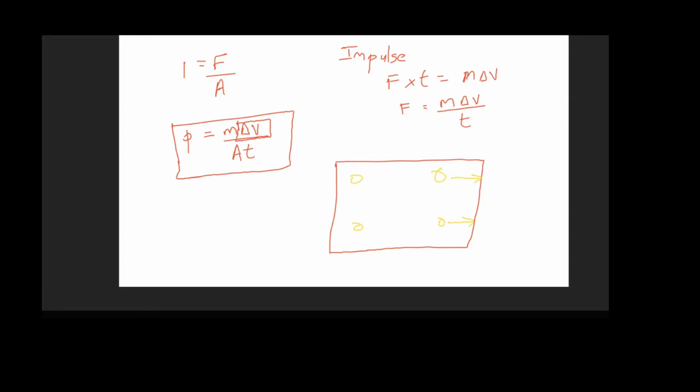They rebound not necessarily opposite to where they're coming from, but they rebound in any direction. So because of that rebounding, you have a change in velocity. If this was v1, then this velocity that it rebounds with would be v2. So because you have a change in velocity, you have a pressure that the gas exerts on the wall.